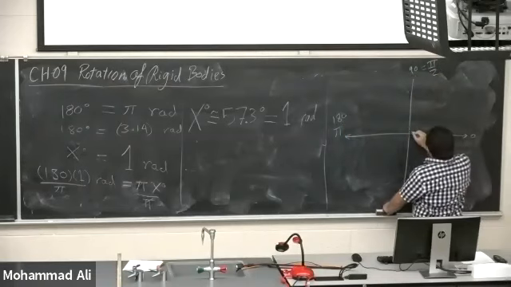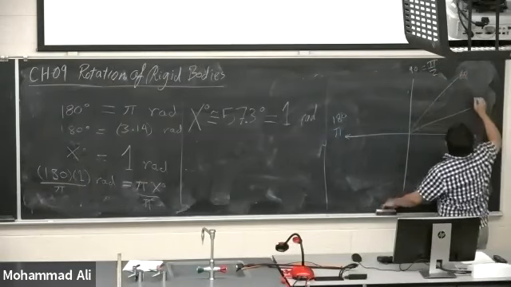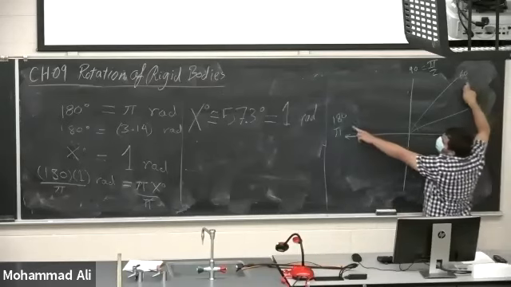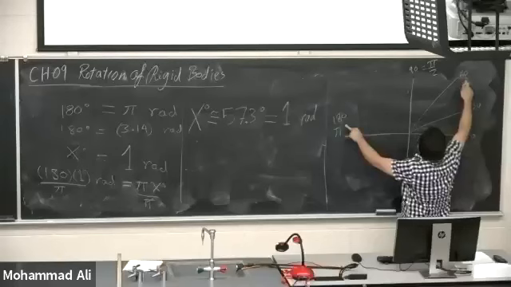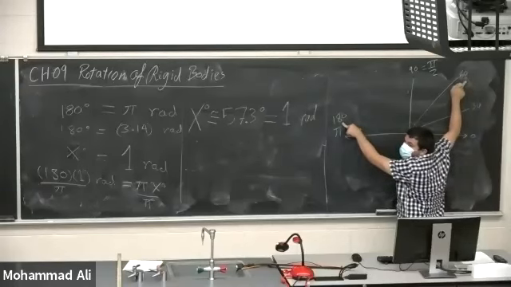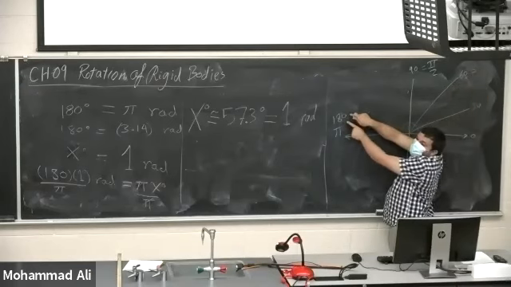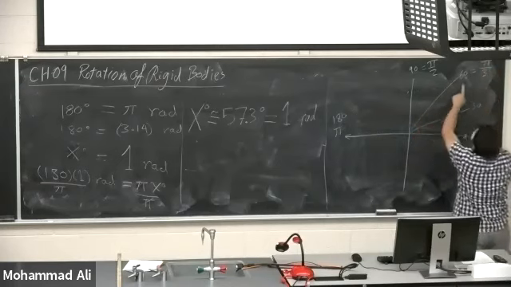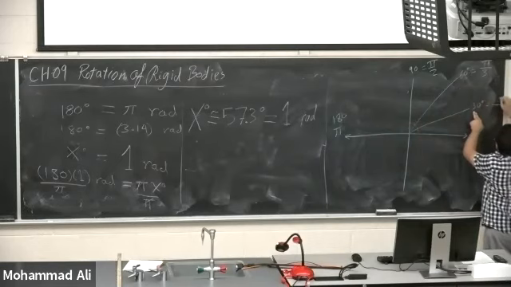Okay, we have this 60 degrees, and this 30 degrees. 60 degrees, how much is it with respect to pi? 60 with respect to 180, how much is it? It is a third. It is equal to 180 over 3, which is pi over 3. So 60 degrees is equal to pi over 3 in radians. 30 degrees is equal to pi over 6.